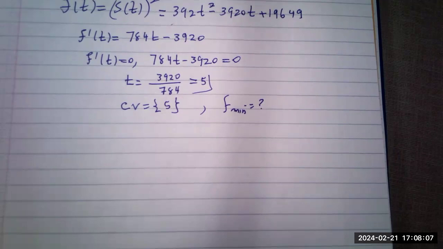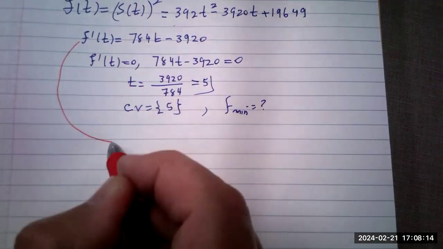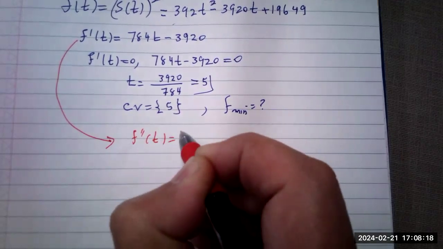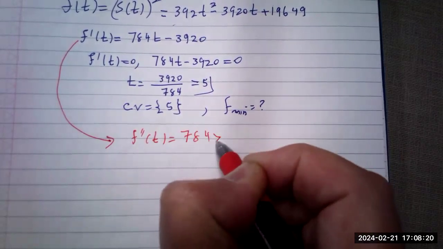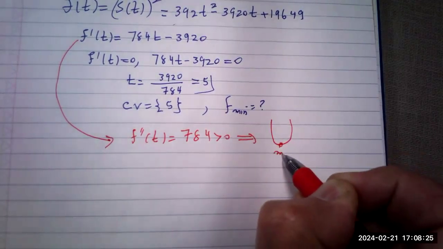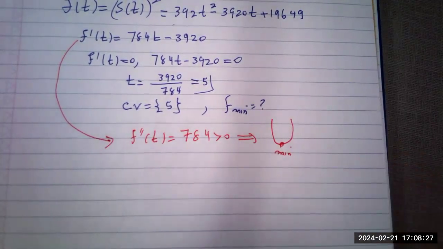F double prime negative, concave downward. Just differentiate it again. So f double prime of t gives you 784. It's positive. Positive means up, minimum. Okay, so that's an easy test to check.